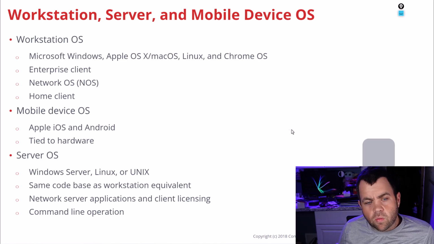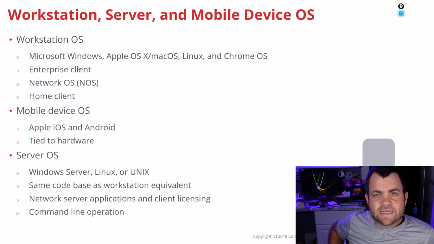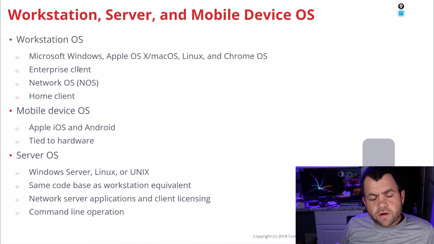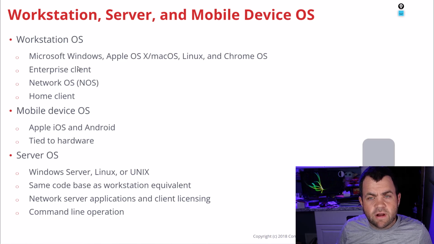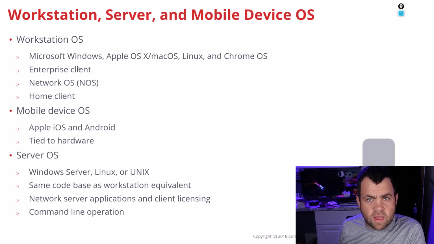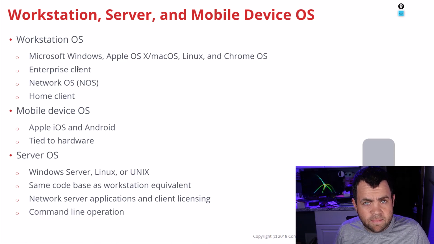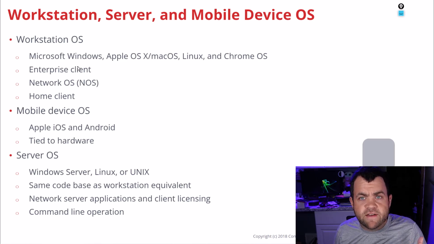Now in the corporate world, we have this idea of an enterprise client. There are some benefits at larger scale. Let's say you have a company with thousands of desktop machines. They're not all going to work independently, okay? You need a way to manage all of those as a whole. When I was a tech director at a school district, I was a one-man band, so I needed a way to manage across 5 buildings.